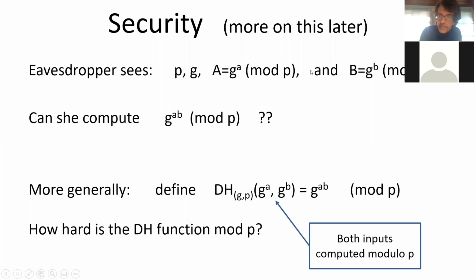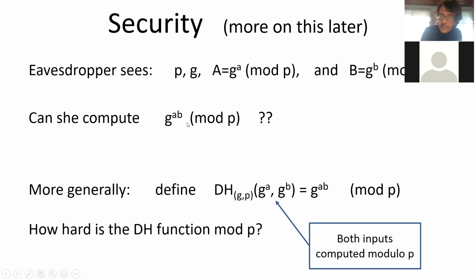If the transcript is revealed, so the argument to the function is revealed, you could break it if you could compute discrete logarithms base little g modulo p, because given the capital A part, if you could compute the discrete logarithm, you would get this value. That's precisely the discrete logarithm between g and capital A. And knowing the little a, you would compute this, right?